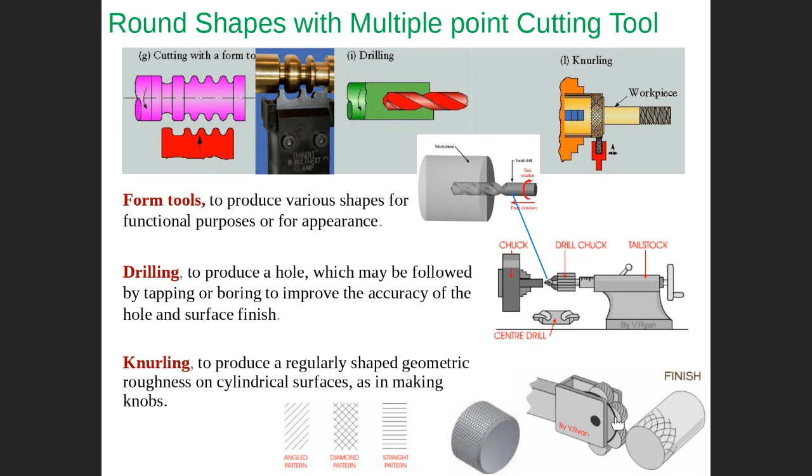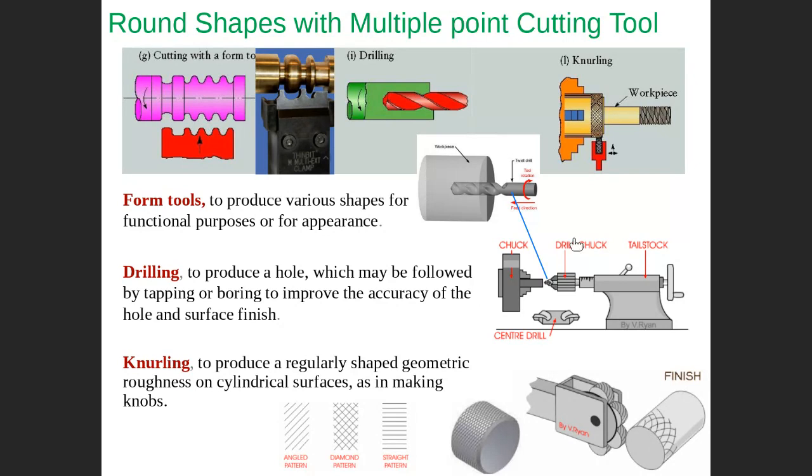Actually, there is no material removal in knurling. Knurling is used to roughen the surface, to create a pattern on the surface for handling, like knobs and so on. We use a special tool to make knurling, and there is no material removal here. It's just creating or forming shape, but we consider it part of machining, but no cutting.